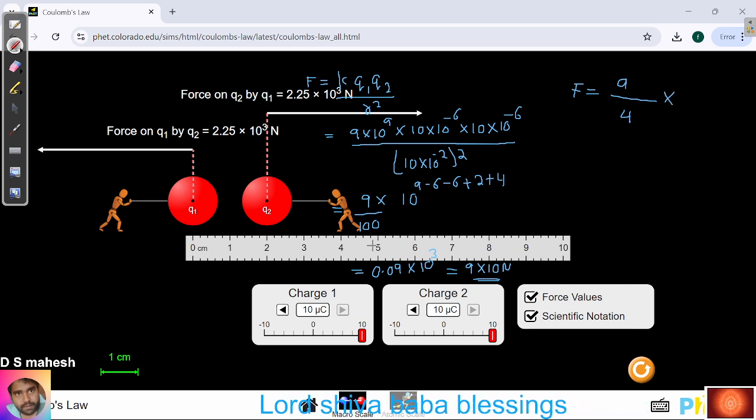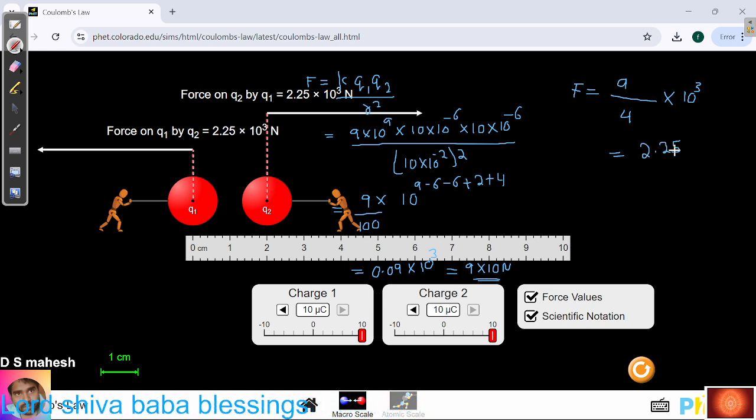So the remaining thing is 9 divided by 4 into 10 to the power of 3. So 9 by 4 is nothing but 2.25. So that is 2.25 into 10 to the power of 3 newtons.